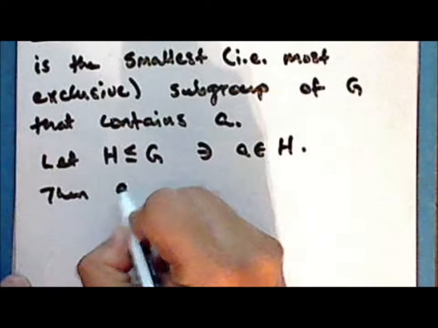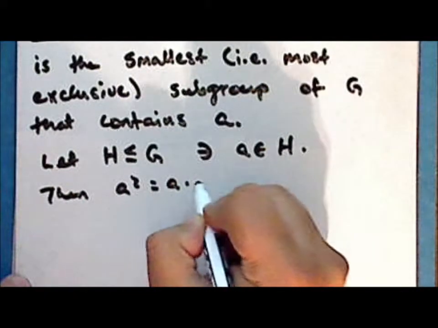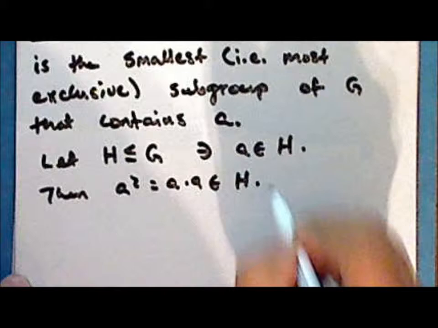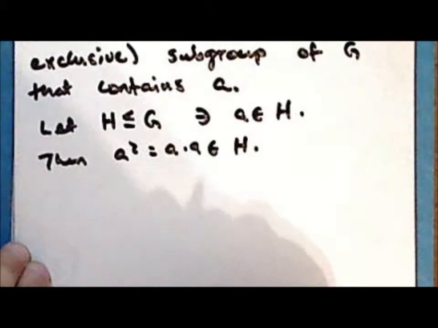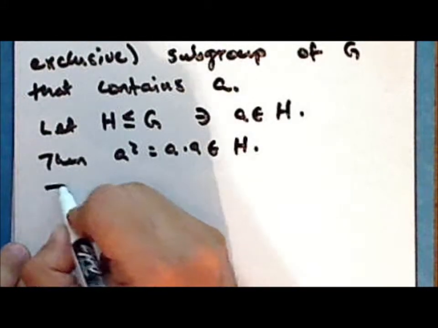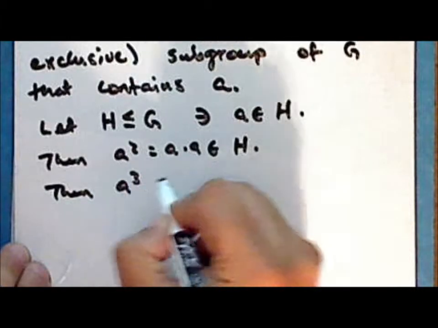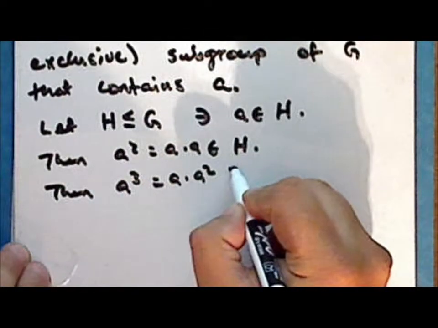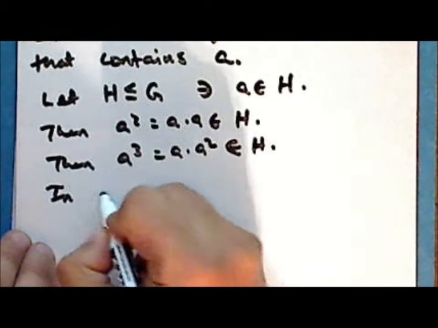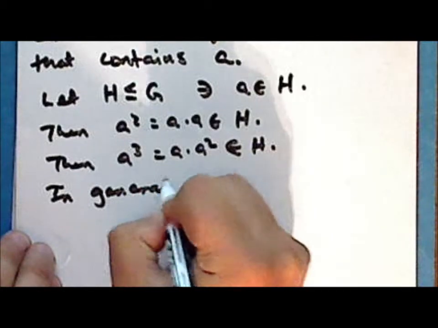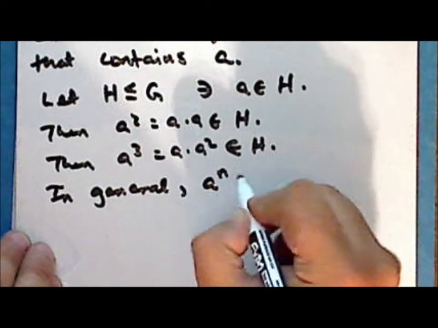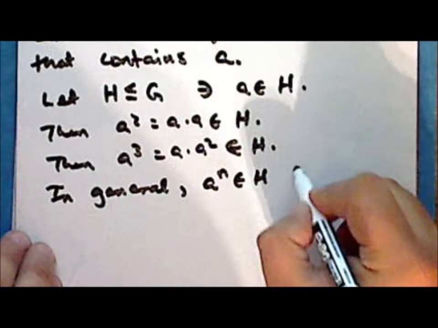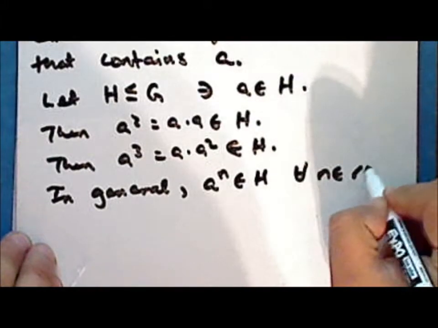Then A squared, which is A times A, must be an element in the group, as we must have closure. And then A cubed, which is A times A squared, must also be in the group. And in general, A to the power of n must be in this group for every positive integer n.